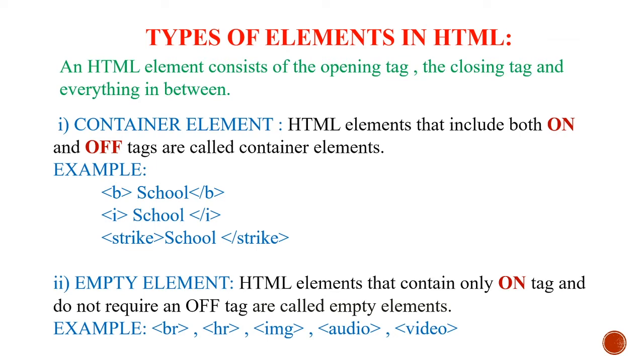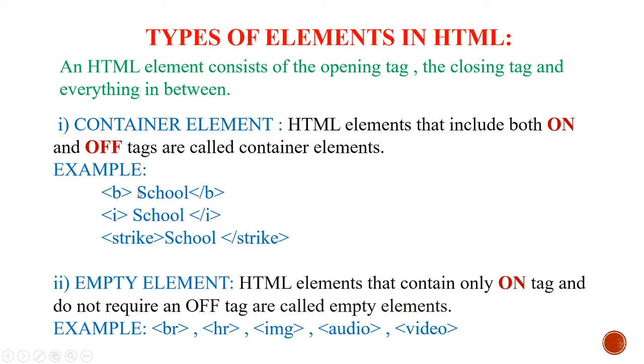There are two types of elements of the tag. One is the container tag and another is the empty tag. A container element or tag includes both on and off tag, which means once the tag is opened, you need to close the tag. If you see the example here, suppose the text I want to display in the web page is school.